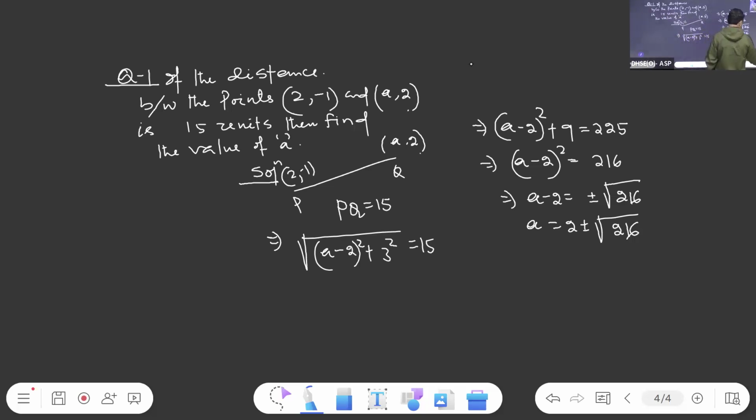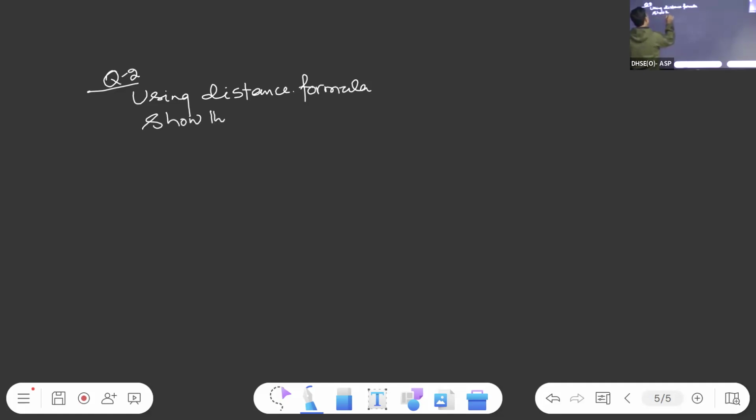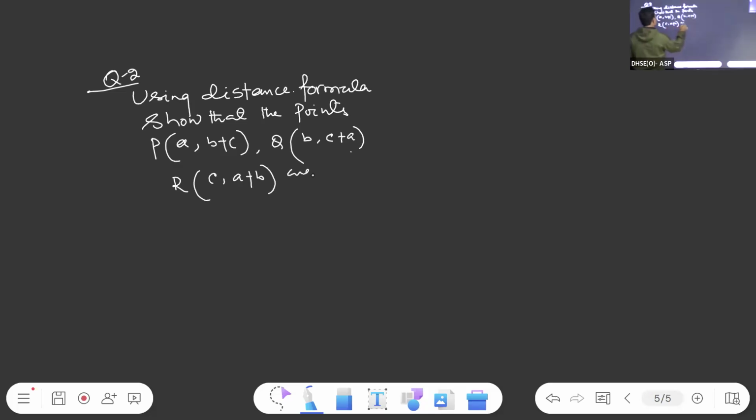Then come to another question. Using distance formula, show that the points P having coordinates (a, b plus c), Q (b, c plus a), R (c, a plus b) are collinear.